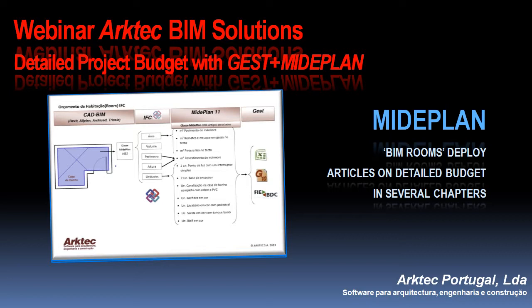Here we have the image that represents the room, and the room with the code associated, the Midplane code, will deploy several items on our budget project, and these items have resources associated in the JS database. So we start to do our detailed budget from simple room elements or BIM elements in an early stage.